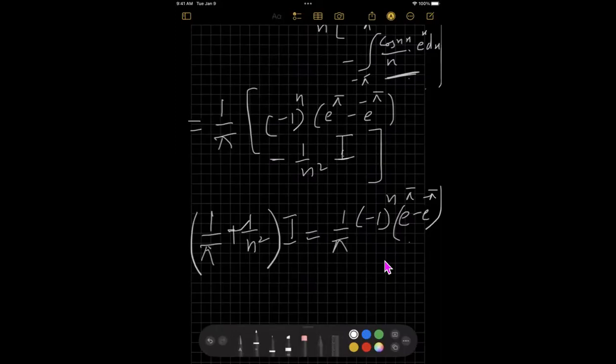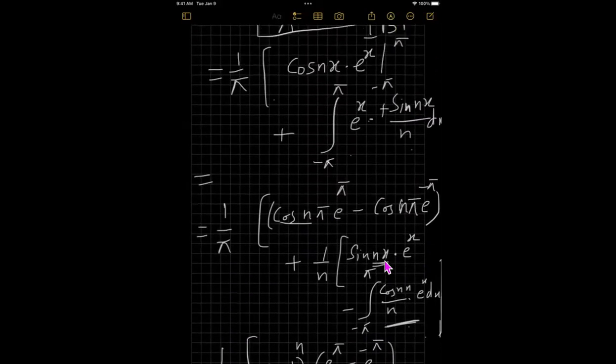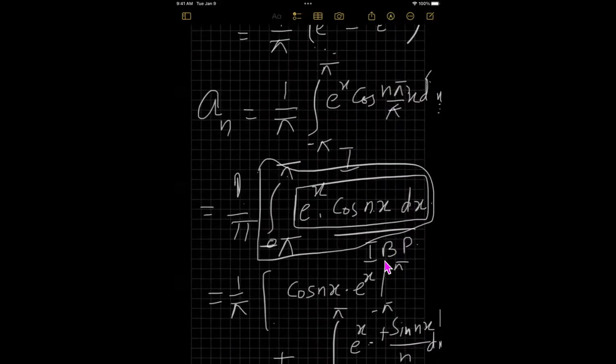Yeah. So an we have again here. So this is an plus 1 over n square. Fine. So we have found the first part. Now your integral equals this one. Go back, look here. This is your integral. Fine, we have solved this one. An was this one.